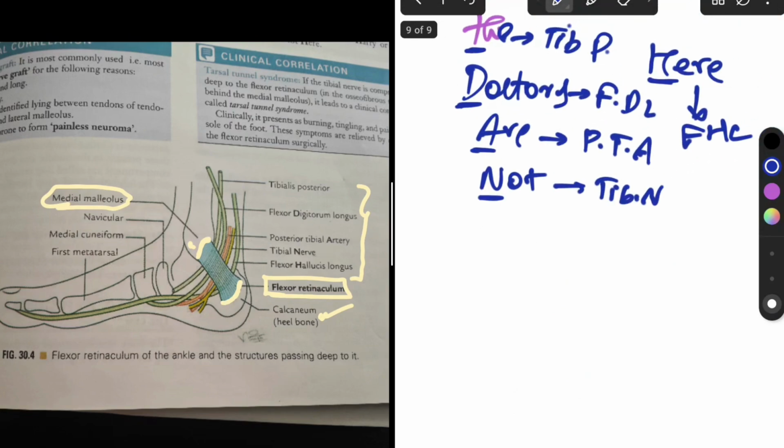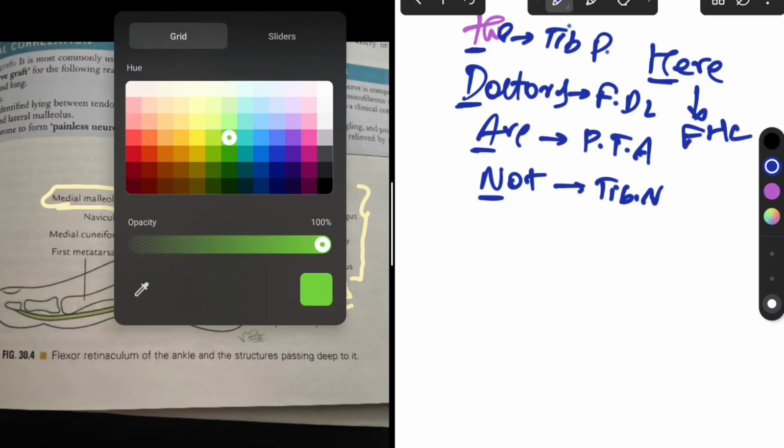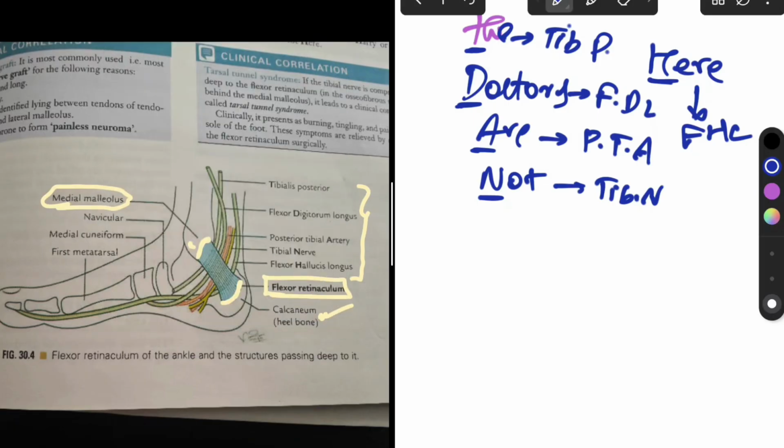Now let us clearly see this in the diagram. The first structure that passes deep to the flexor retinaculum is tibialis posterior. The second one is the tendon of flexor digitorum longus.